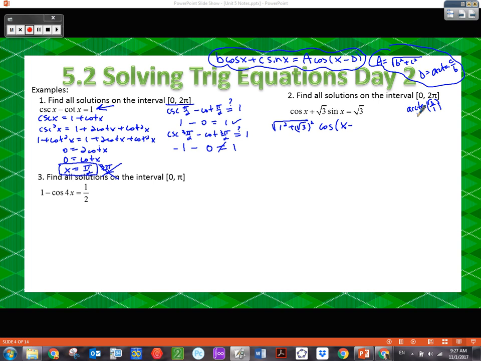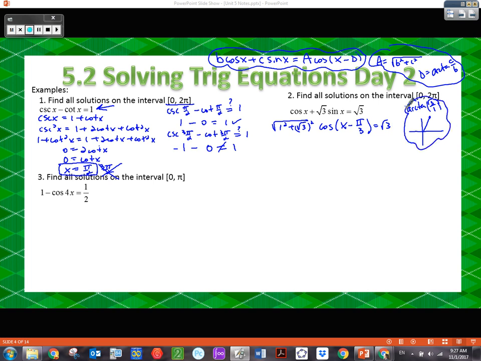So we need sine to be root 3 over 2 and cosine to be 1/2. So let's think about that. We want sine to be root 3 over 2, so the y value is taller, and we want cosine to be 1/2. We see where that would be? Pi over 3, right? And that equals root 3. This is just a little scratch work.